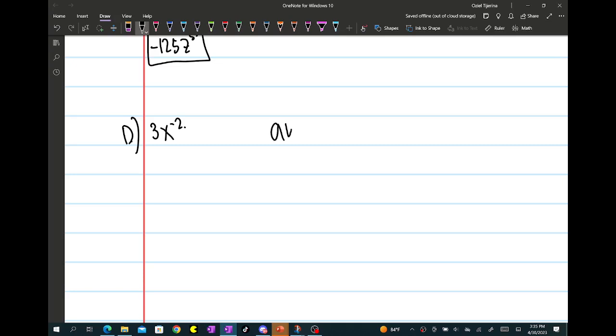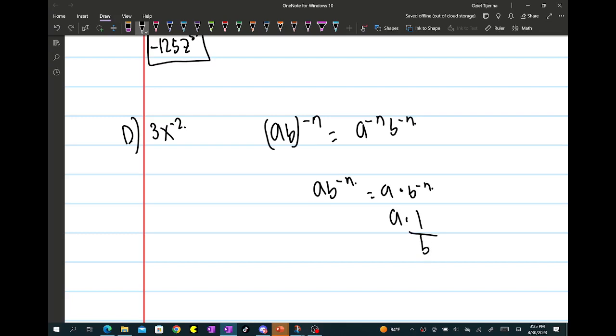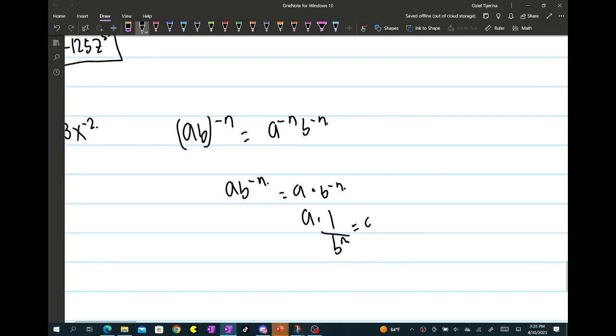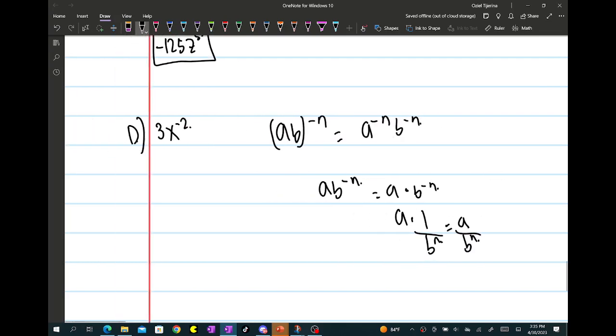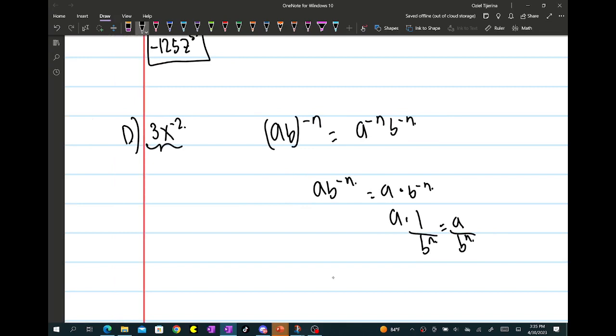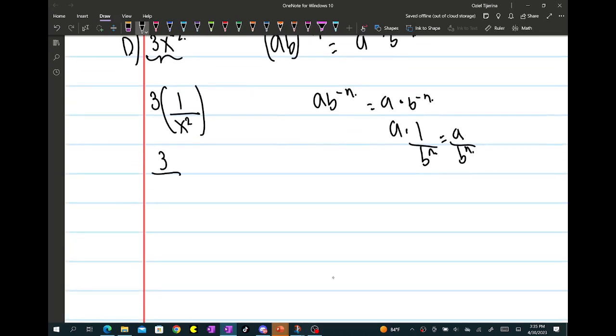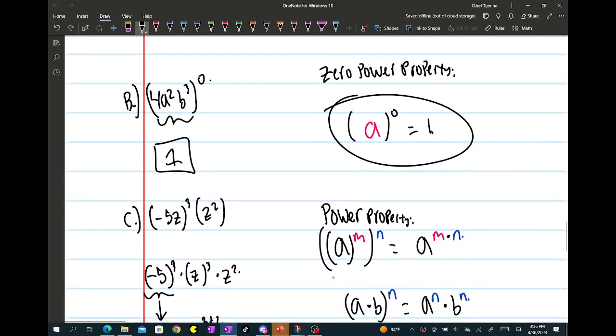When I say ab quantity to the negative n, this is a to the negative n, b to the negative n. But if I say a times b to the negative n, this is a times 1 over b to the n, which is equal to a over b to the n. So this is really 3 times 1 over x squared, which is just 3 over x squared. And this is our answer for this one.